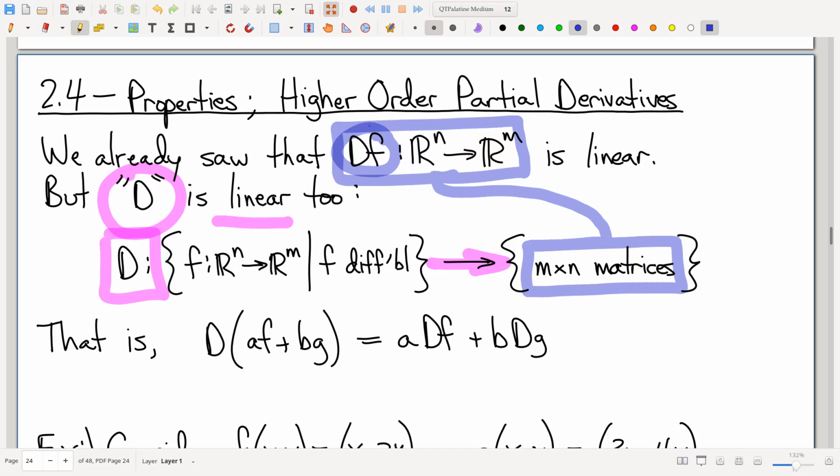is that not only is the result of differentiation linear, but the act of differentiation is linear. So it's not just that when you take linear combinations of vectors and multiply by a matrix that linearity happens as it should.